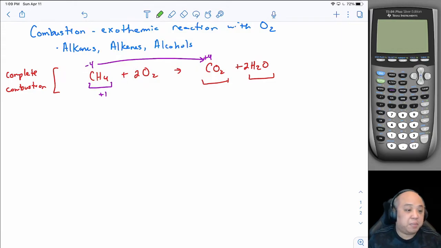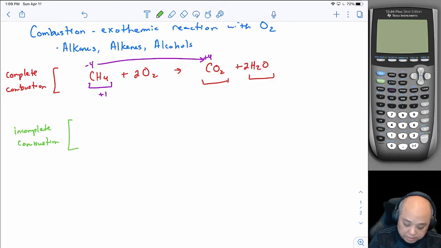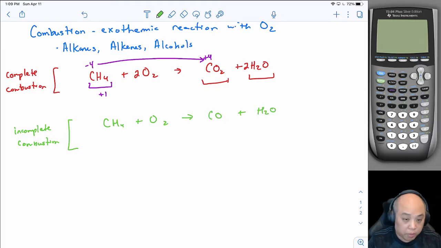But when you have a limited amount of oxygen, you get incomplete combustion, where that same compound might react with a limited amount of oxygen to produce different products. Always water, but the alternative carbon product may be different.